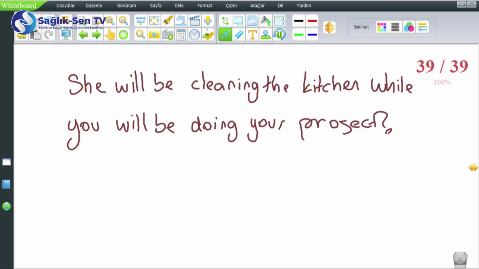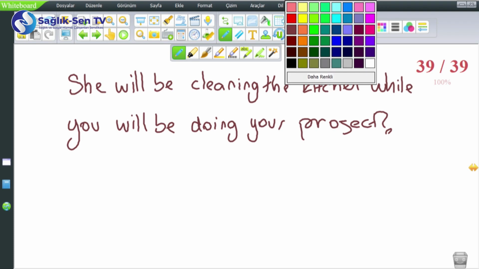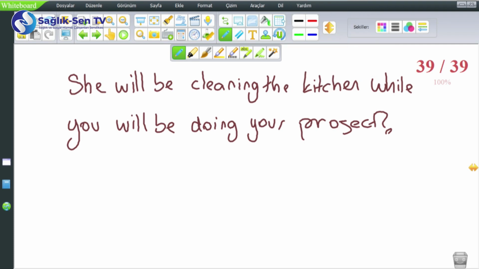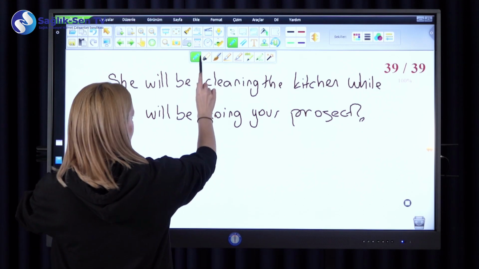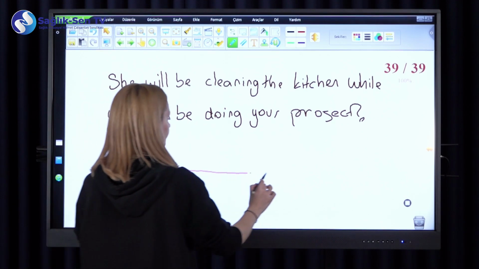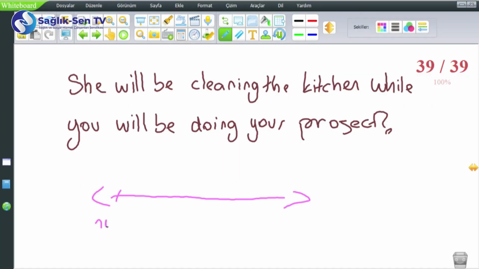I have actually two clauses here, two main clauses, and we will examine them. She will be cleaning the kitchen. This is now, and I'm talking about the future, but it will take a long time.